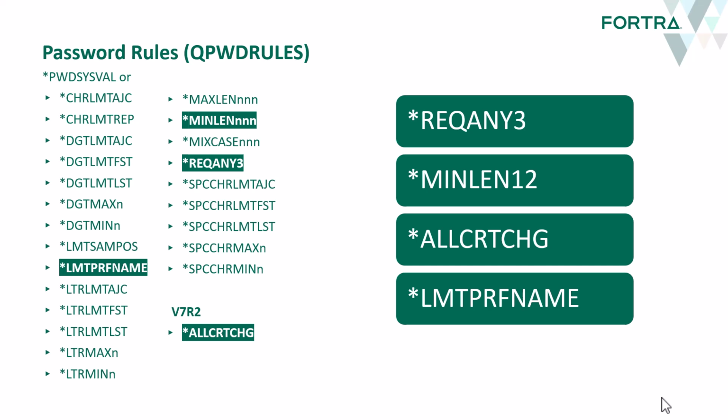The 2 values I want you to pay attention to today are the all create change and the limit profile name. The all create change special value ensures that even a user with all object and SecAdmin authority will not be able to set a password that does not meet your criteria. It will have to be a minimum of 12 characters, and it'll have to have an upper, lower, a special character, and a digit. 3 of those 4 will have to be within the password.